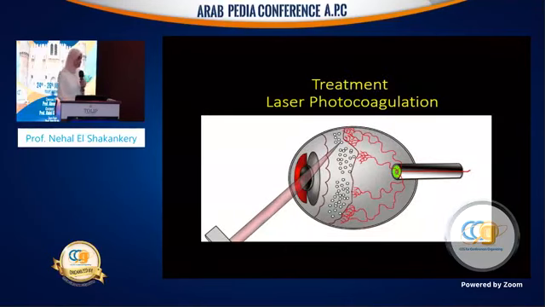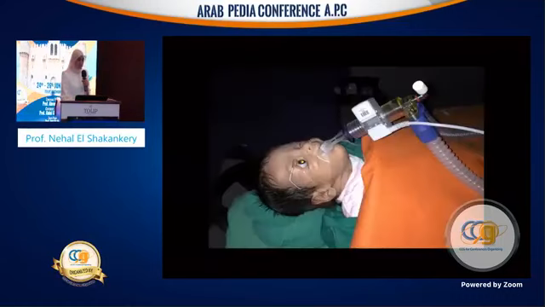We have the line of treatment, which is laser photocoagulation. The principle of laser photocoagulation is that we provide laser in order to ablate or destroy the non-vascular retina, which is the cause of production of VEGF, which will produce abnormal retinal vasculature. To go for a treatment, we destroy these areas by laser under general anesthesia, of course.